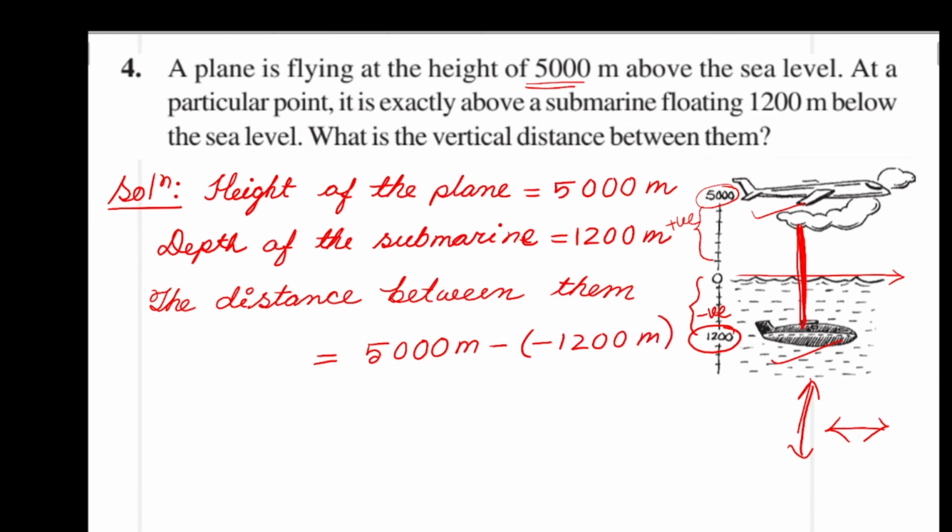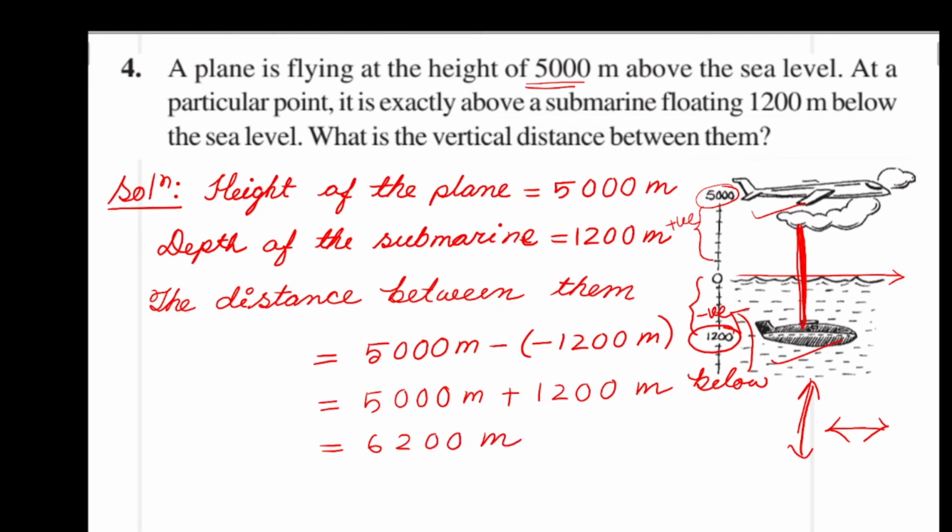Why it is minus? Because it is below word, it is given below. Okay, that is why negative. So that means 5000 meter plus 1200 meter. So total distance is 6200 meter.